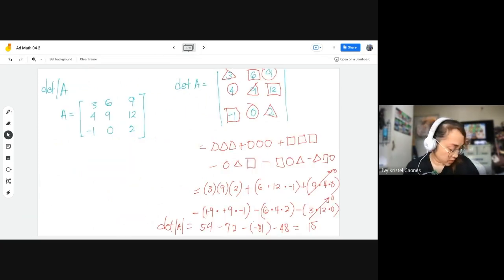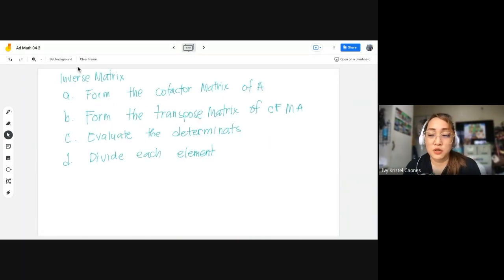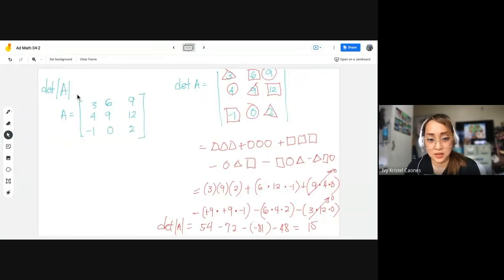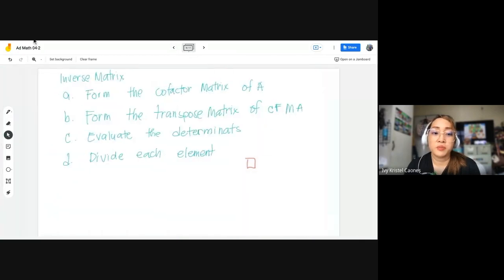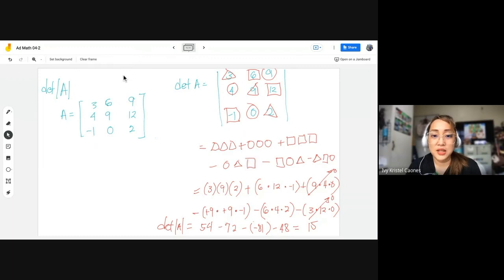So if you are going to perform this, first get the cofactors, then perform the transpose of that matrix, then divide it by its determinant.